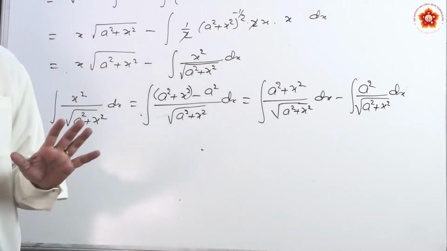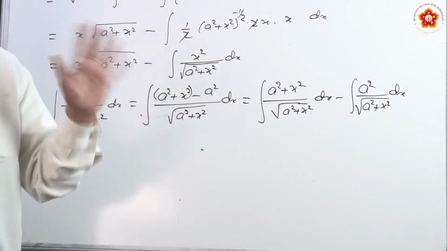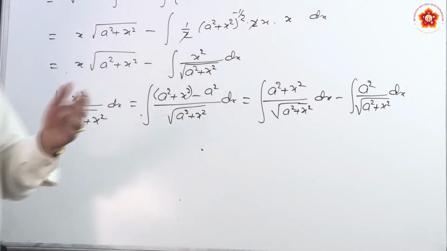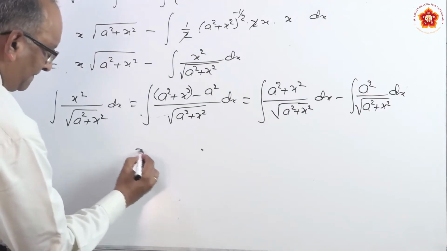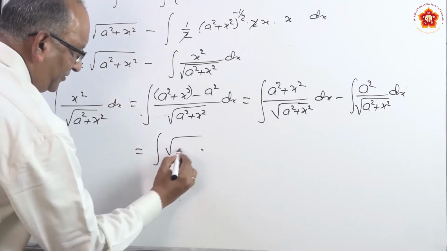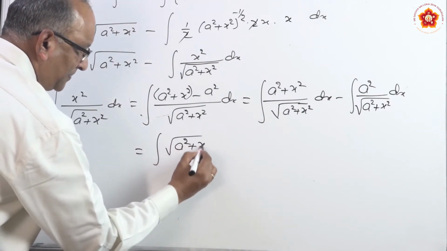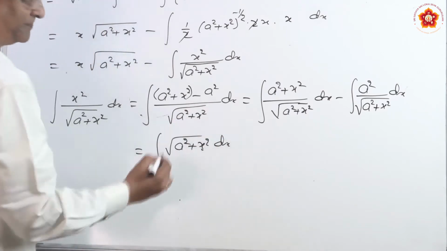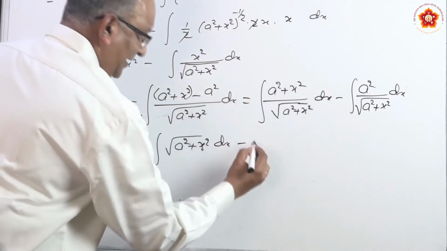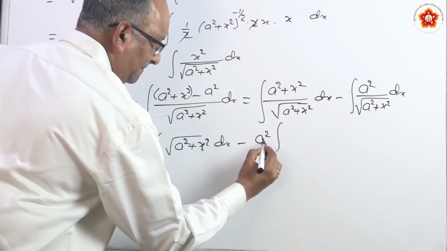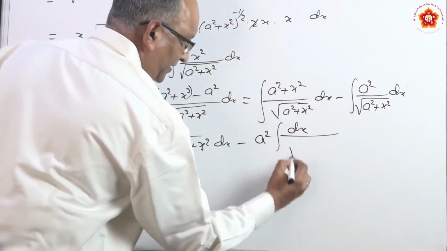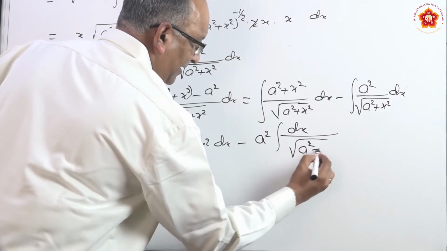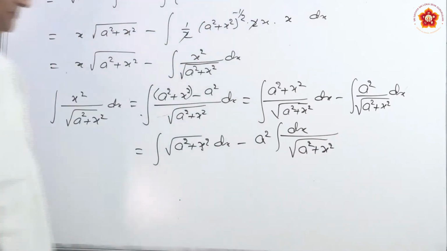What is 2 by root 2? Root 2. What is x by root x? It is root x. So, this whole thing is nothing but the integral of under root of a square plus x square dx, minus a square, you put it outside, the integral of dx upon under root of a square plus x square.